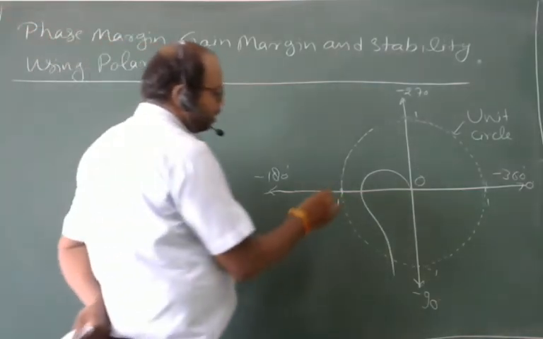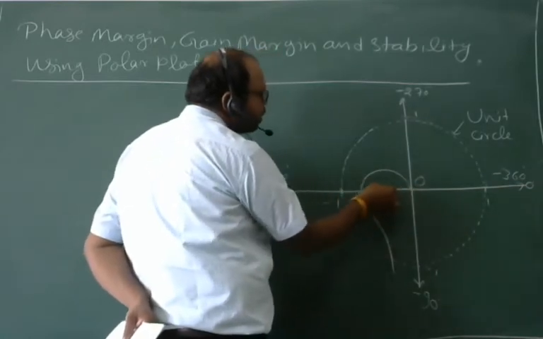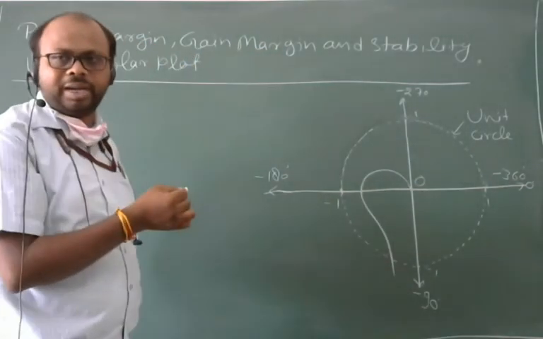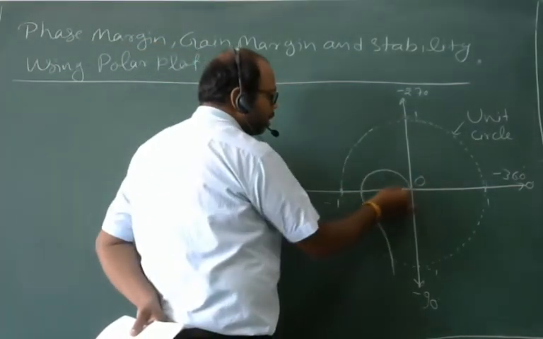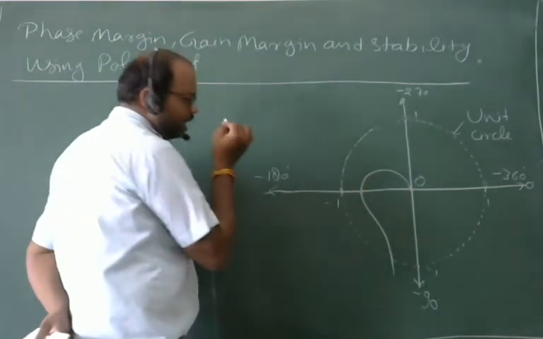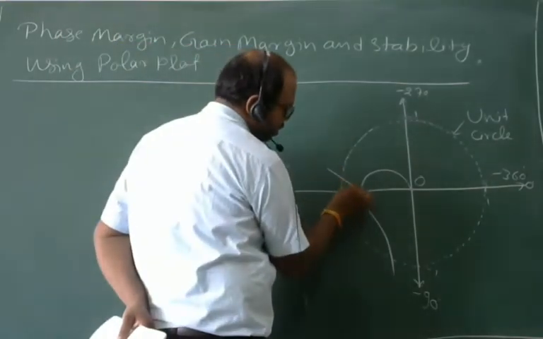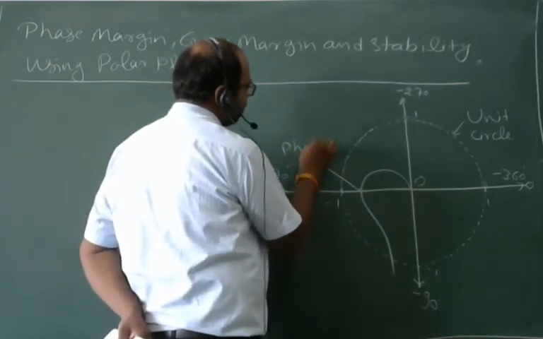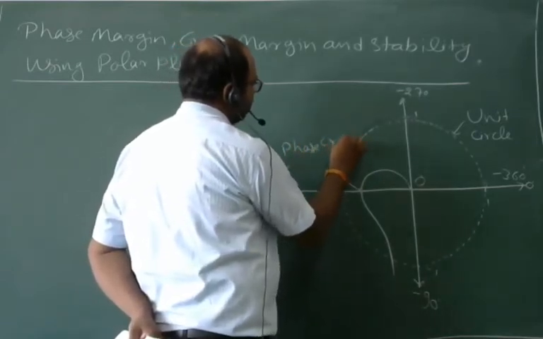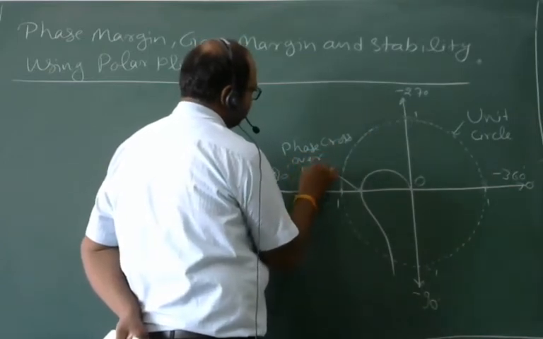The point where this polar plot crosses this minus 180-degree line is called phase crossover point.